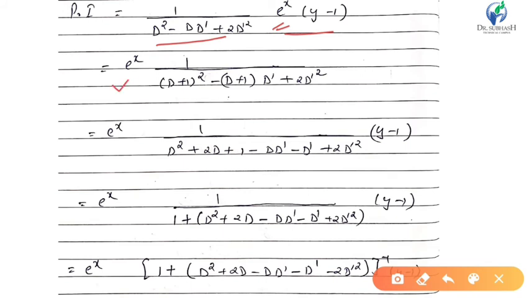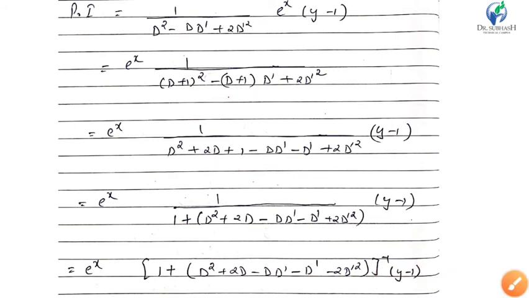So e raised to x will come to the LHS side of the given term, and I am replacing D by D plus 1, and D dash will be as it is, because D dash can be written as D dash minus 0. I will open the first bracket, a plus b whole square, so a square plus 2ab plus b square. This D dash I will multiply with the bracket, so this will become minus DD dash minus D dash, and this term will be as it is.